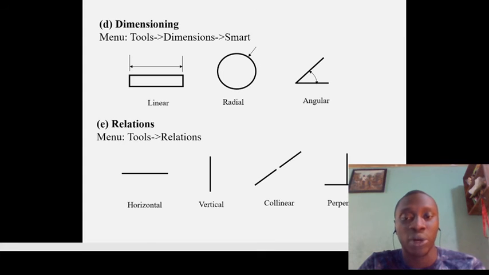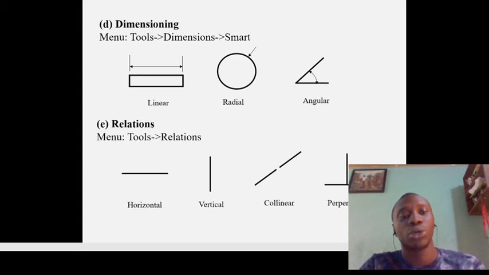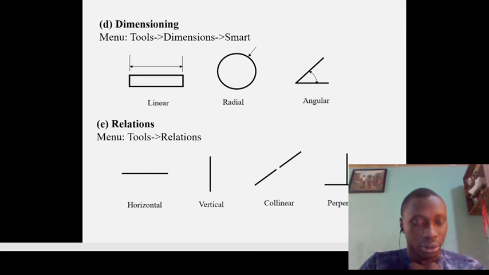That's just the meaning of angular, from the word angle. So we have linear dimension, radial dimension, and angular dimension. Dimension is how to add a size to your entity. That's just the meaning of dimension. Are you getting me?